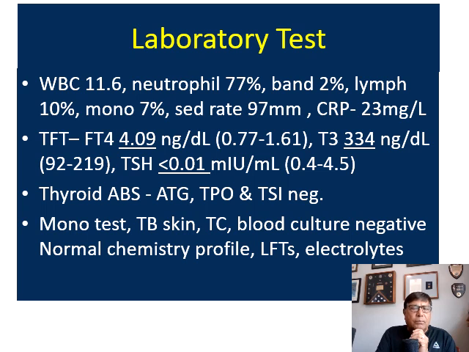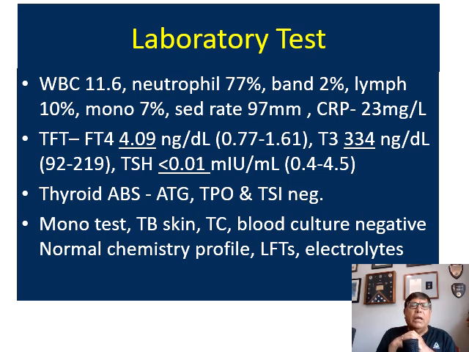What was also remarkable in the lab was that she was clearly hyperthyroid. Her thyroid function test shows a free T4 of 4.09 ng per dL, and the reference ranges are in parentheses. T3 was 334. TSH was significantly suppressed at 0.01.